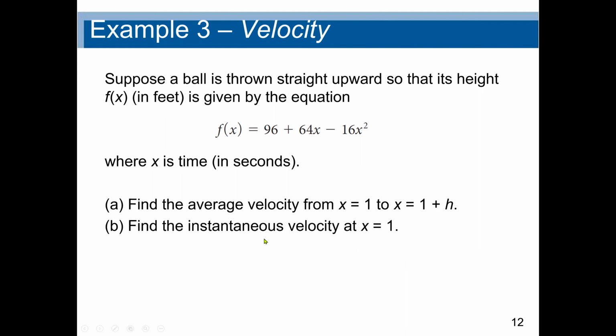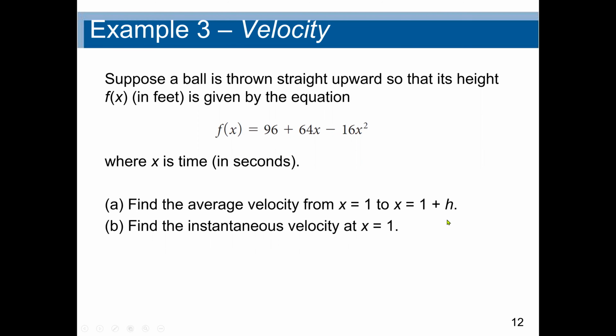The second, instantaneous, will be a particular point. So here when s is 1, s is time. So let's say it's 1 minute or 1 second or 1 hour. They didn't give us, oh no, sorry, it's in seconds. S is time in seconds. So here we want to find the instantaneous velocity when s equal to 1 second. The average velocity will be from one time to another, so from when s is 1 second to when s is 1 second plus h.